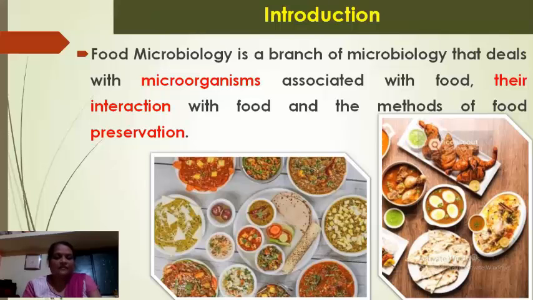Direct products from animals will include meat, beef, fish, etc. While indirect products will include eggs, milk, etc. Plant and plant product foods, of course, will include vegetables, fruits, cereal grains, etc.